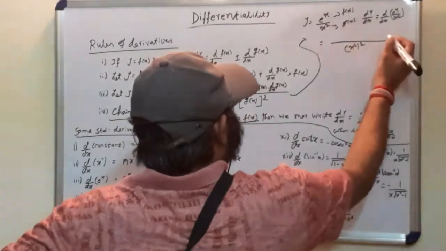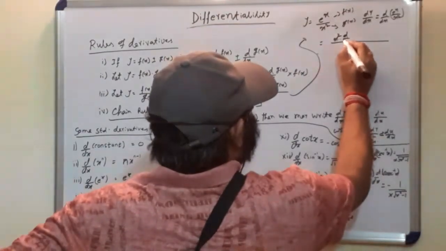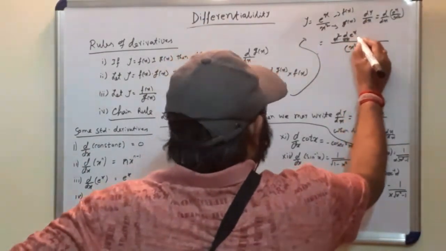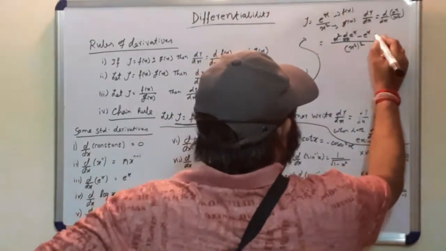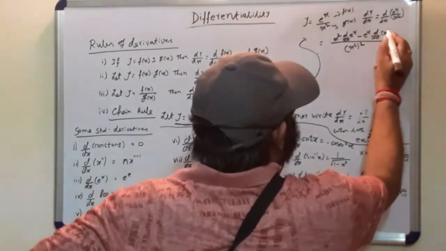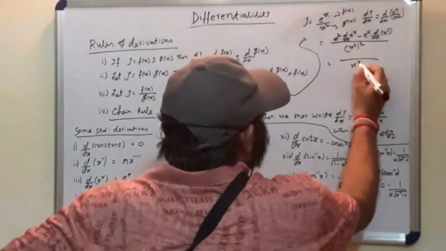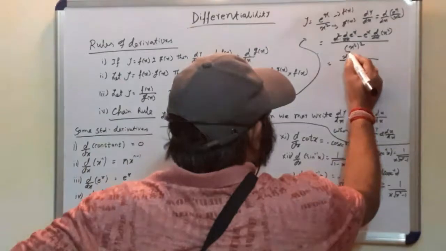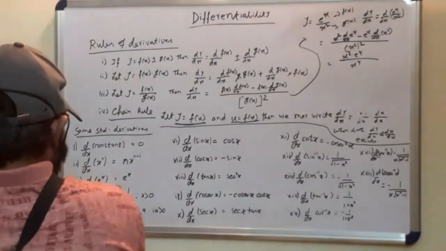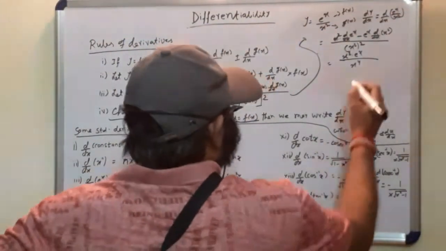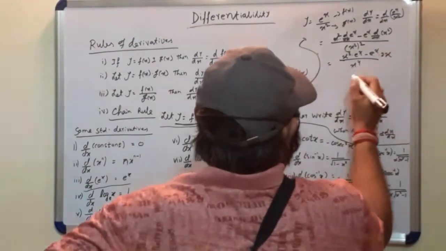Now the second function as it is, that is x², times the derivative of the first function, that is d/dx of e^x, minus the first function as it is, that is e^x, and d/dx of x². That is the formula, equal to x⁴ in the denominator, x² into e^x, since d/dx of e^x is equal to e^x, minus e^x into x², whose derivative is 2x.